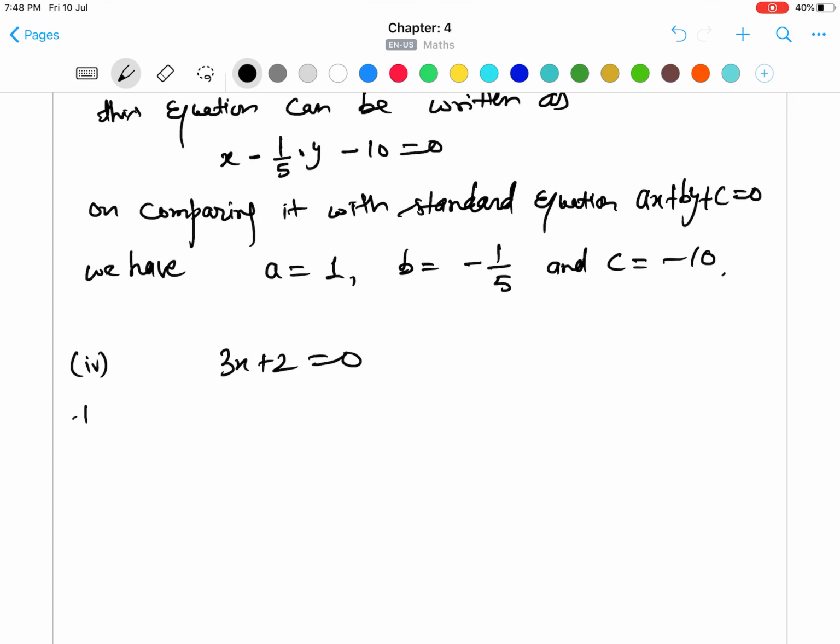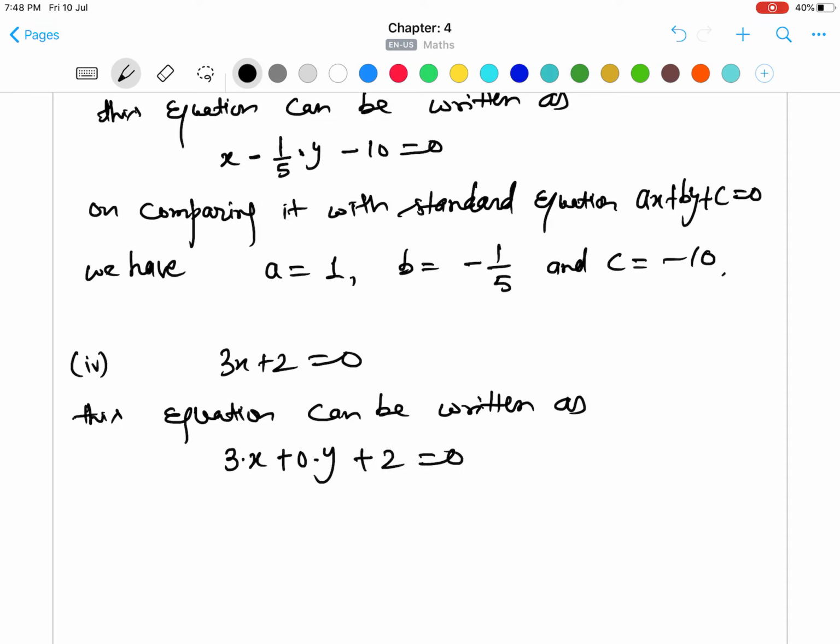This equation can be written in the standard form. So I'll write 3x plus, since we don't have the second variable y here, we'll write the variable y with coefficient 0, then plus 2 = 0.